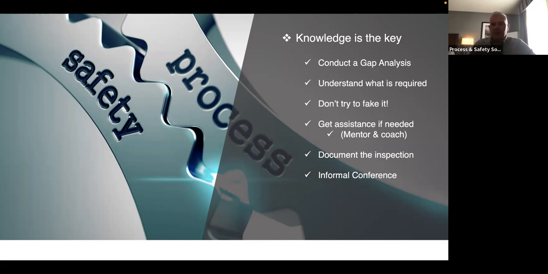In fact, I'm not sure I understand why people would not want to do the informal conference. Yes, it takes a couple hours of your day, but it gives you an opportunity to understand exactly what the problems are or what OSHA sees as the hazards, and you get an opportunity to negotiate a better outcome than you would normally get.